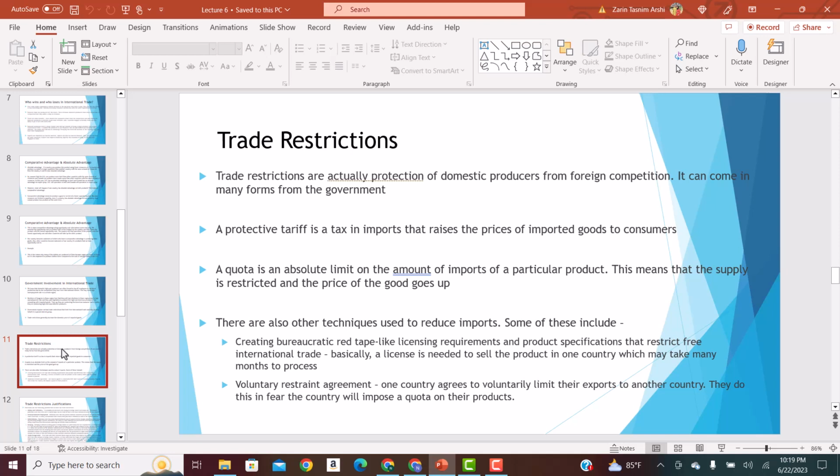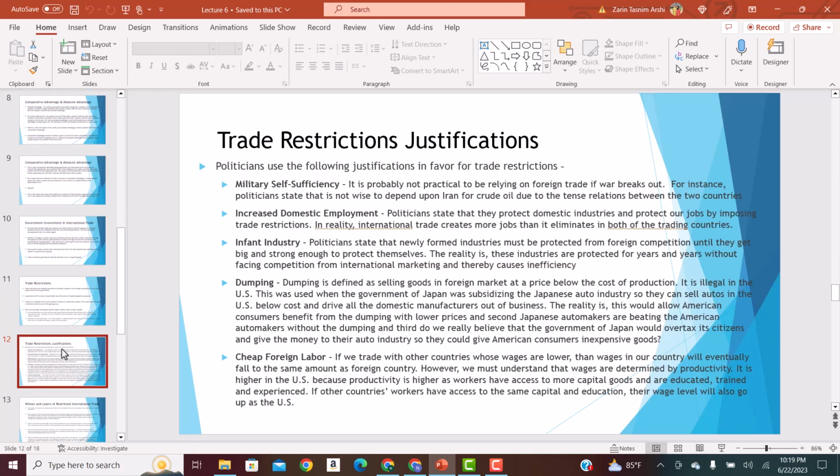Now, when government implements trade restrictions, what are the justifications they use? They have to justify to the people of the country why they are limiting trade, right? So here are the most common justifications they use when they are trying to limit trade. The first one is military self-sufficiency, right?